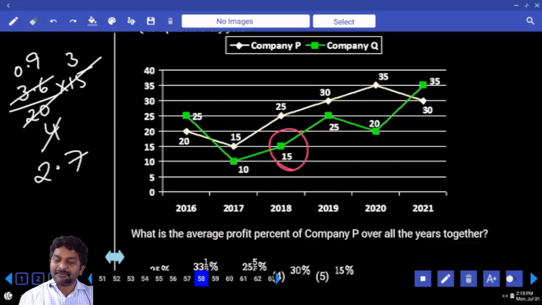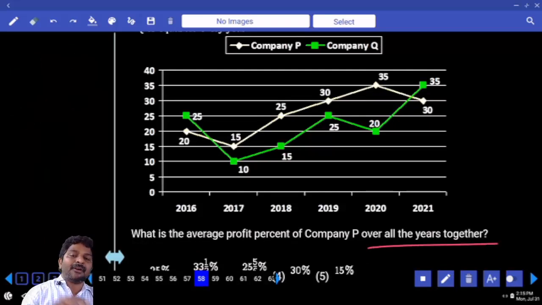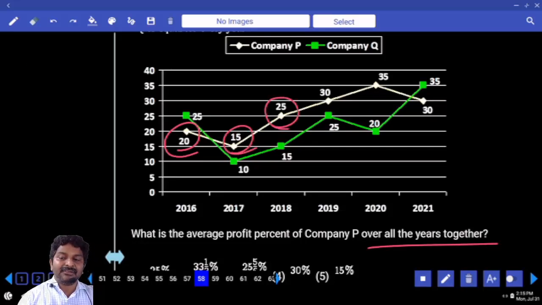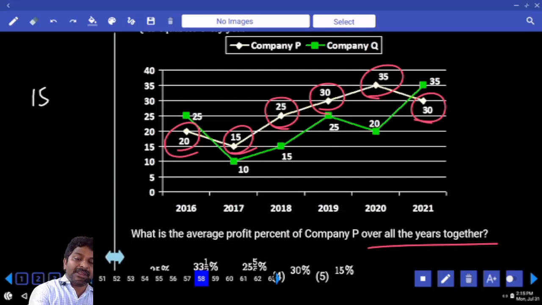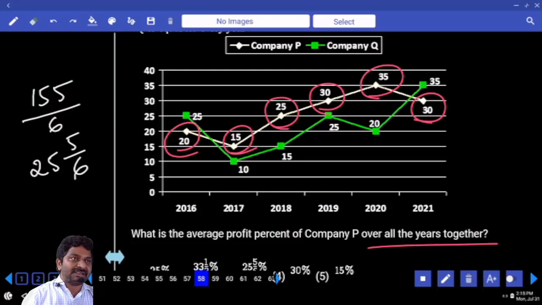What is the average profit percentage of P over all years together? P's profit percentage, white colors only: 20, 15, 25, 40, 40, 20, 60, 30, 90, 35, 1 plus 30. How many years are there? Average in the sense by 6 only, 2 times 35, 5 times 5 by 6. Followed?